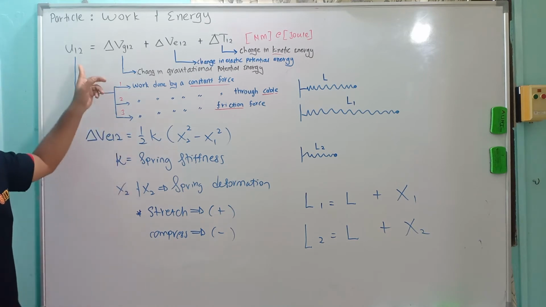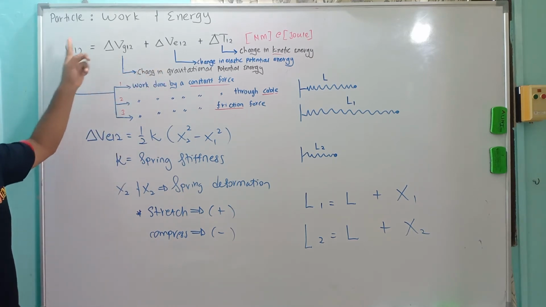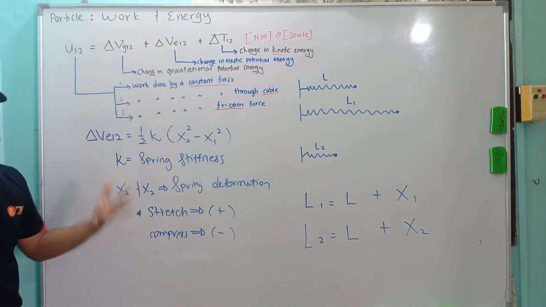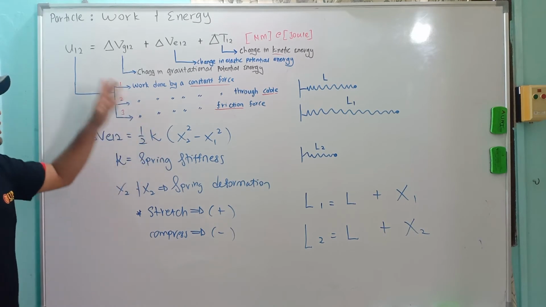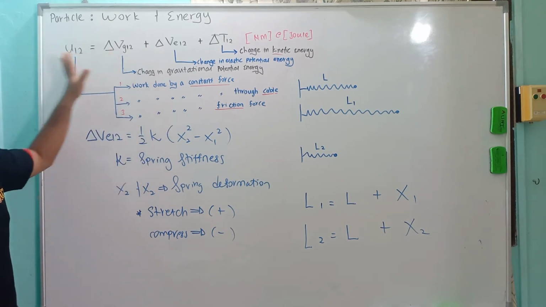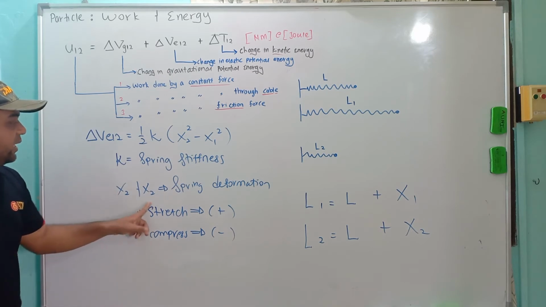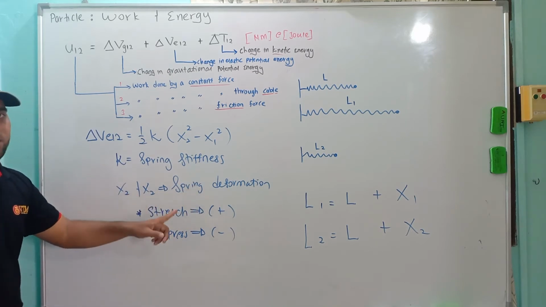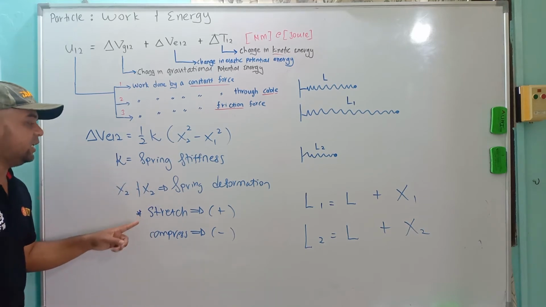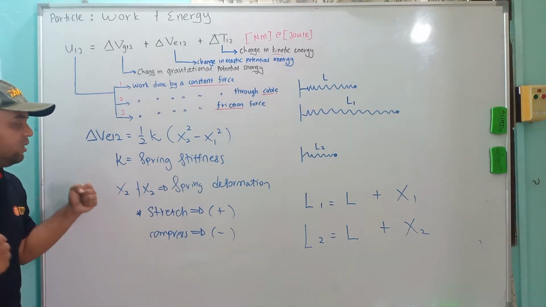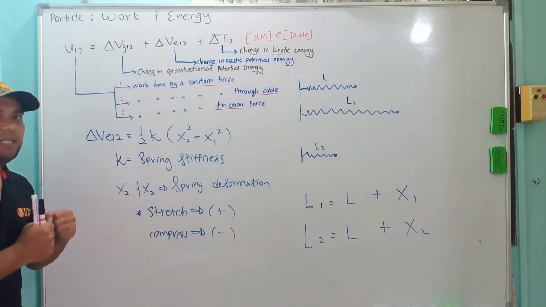Normally we have only one equation. Most of the problems we give you at this level of study will have only one unknown, so you put in that one unknown and the whole system can be solved. X1 and x2 are the spring deformation. If the spring is stretched out, it will be positive deformation. If it is compressed, it will be negative.